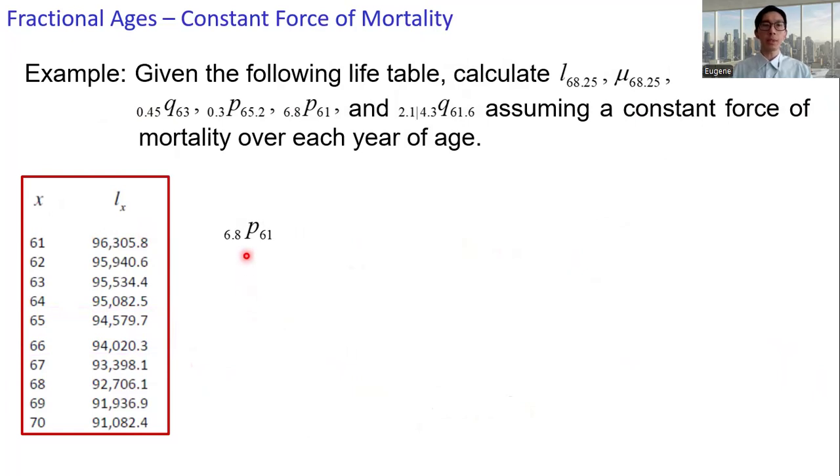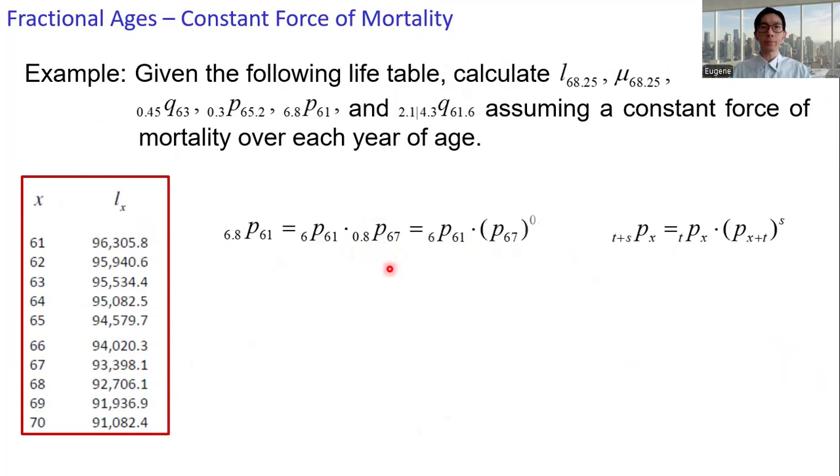The next one, 6.8 p_61. Factor into two p's. The first one, 6 p_61, moving the individual to age 67, and then continue with the remaining duration 0.8. We have 6 p_61 times 0.8 p_67. And 0.8 p_67 is p_67 raised to the power s, where s is 0.8.